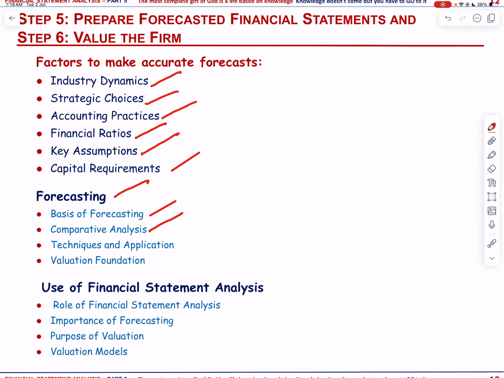Analysts compare financial ratios derived from forecasted statements with those from reported financial statements to validate assumptions. Techniques and applications. This includes methods for projecting future financial statements, applying these techniques to build reliable projections. Valuation foundation, that is, forecasted financial statements provide the core data used in valuation models guiding investment decisions.